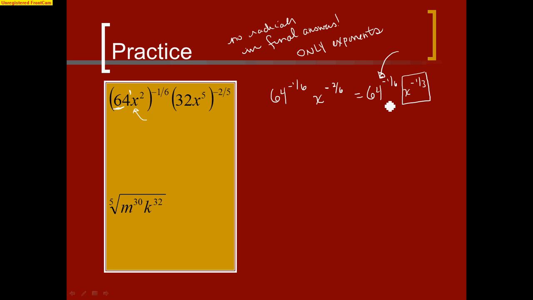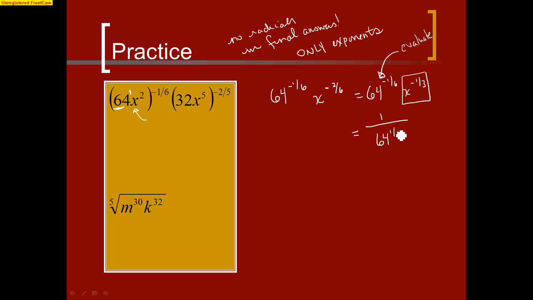That base is a number. I need you to evaluate this. And this is where that radical knowledge is going to come into play. So, first let's take care of the negative exponent. 64 is the base with a negative exponent, so put it in a denominator with a positive exponent.